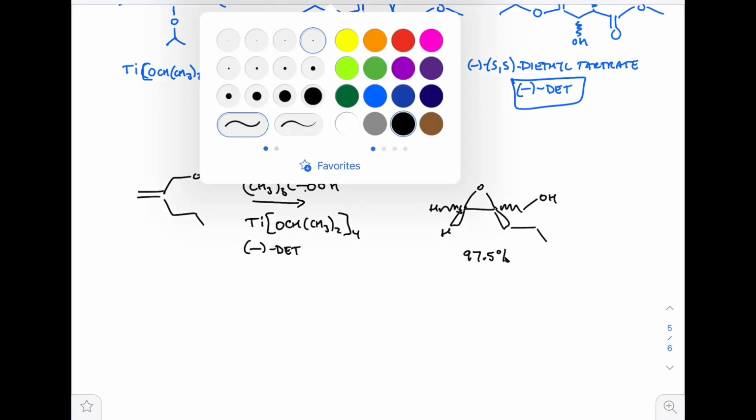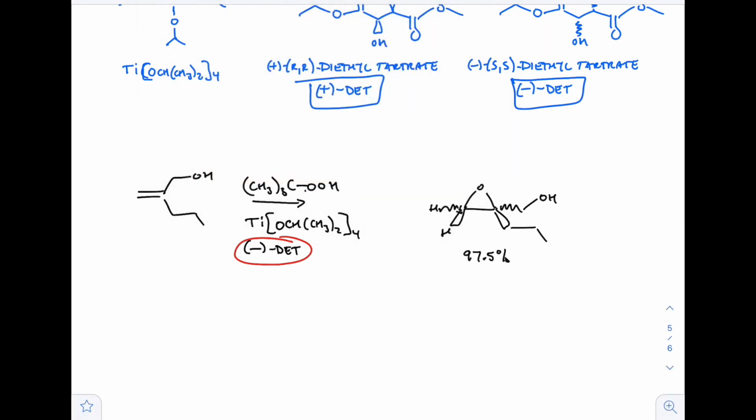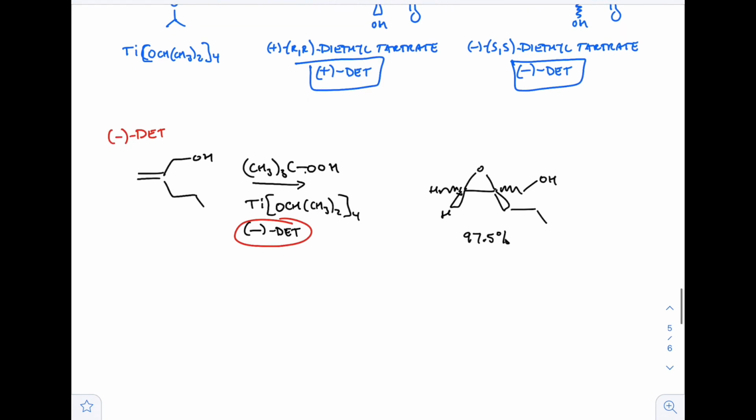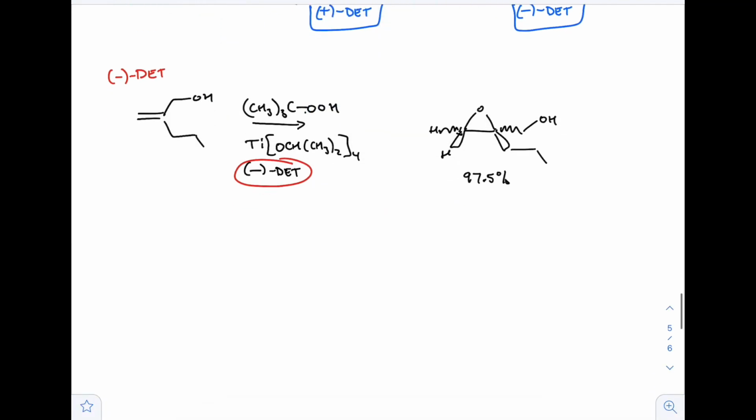Bada bing, bada boom. So here's the thing. That is very specific to the negative DET. The fact that diethyl tartrate is chiral and has all those oxygens affects how the allylic alcohol interacts with the metal center, as well as the tert-butyl hydroperoxide.